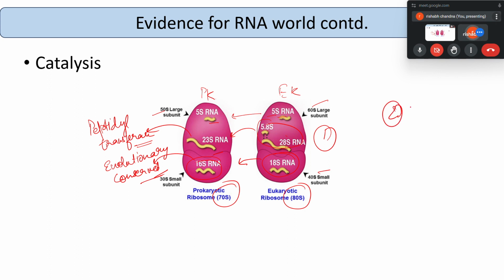Now the second one is group 1 and group 2 introns. So what are these? Introns are the non-coding regions inside the cell.